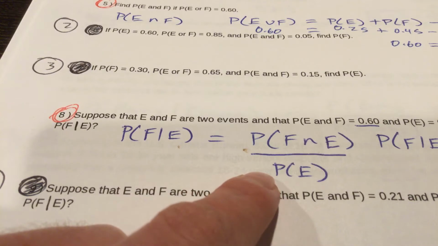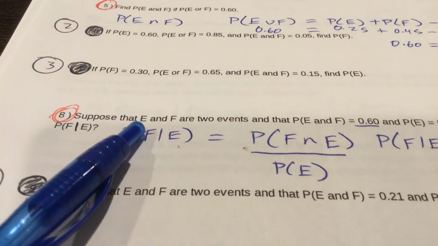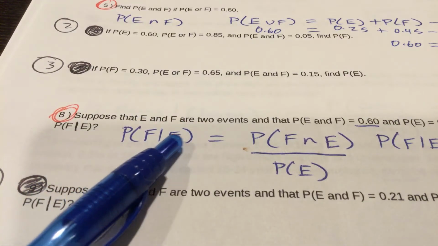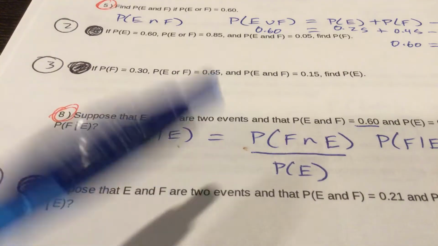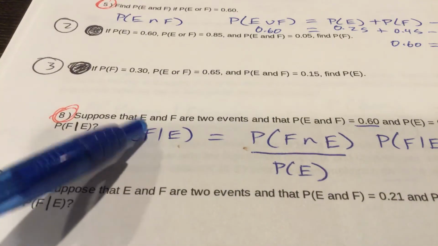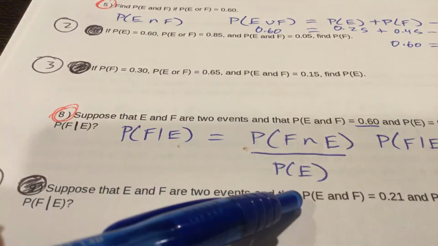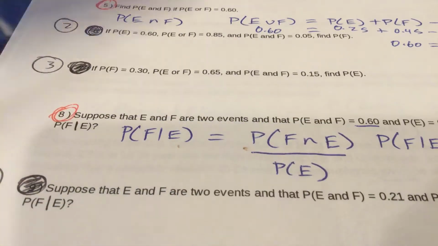So the denominator has to be the probability of E. And if I want F to occur, given that E also occurred, the numerator has to be their intersection. This is saying F and E are both happening. So the probability of F given E is their intersection divided by the probability of E.